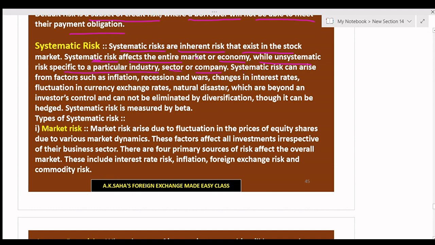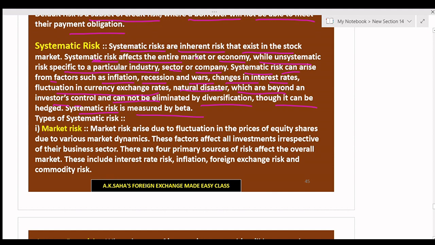Systematic risks can arise from factors such as inflation, recession and wars, changes in interest rates, fluctuation in currency exchange rates, natural disasters, which are beyond an investor's control and cannot be eliminated by diversification, though they can be hedged. Systematic risk is measured by beta.